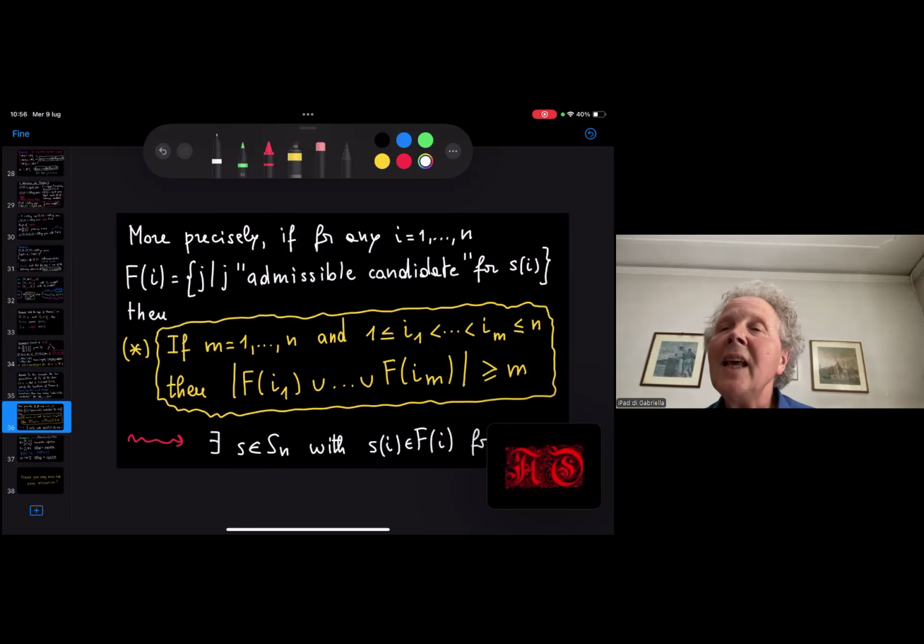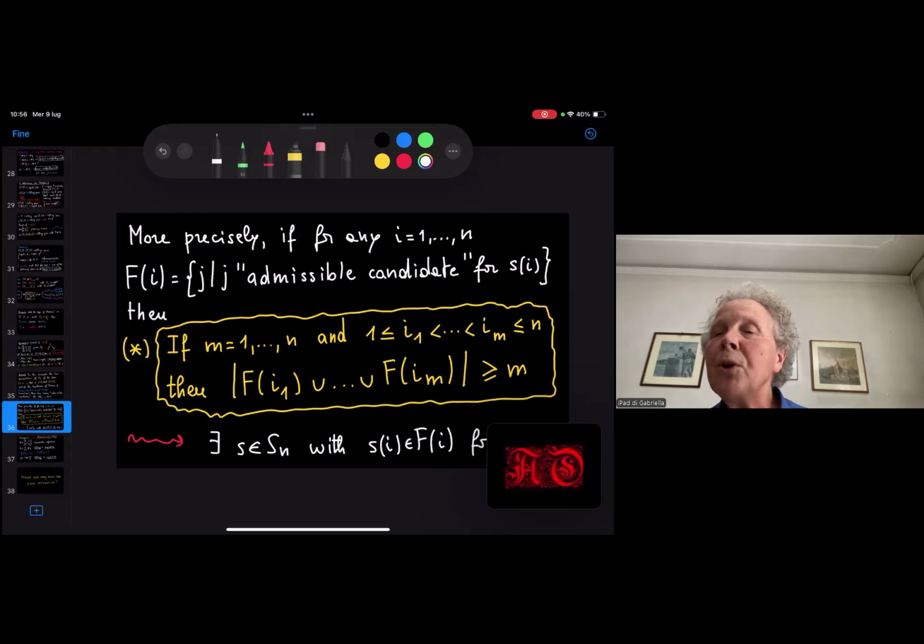More precisely, if for any i we denote by Fi the set of admissible candidates for Si, then for any m from 1 to n, if i1, i2, im are m different indices between 1 and n, the union of the subsets Fi1, Fi2, Fim is large enough because it has at least m elements.